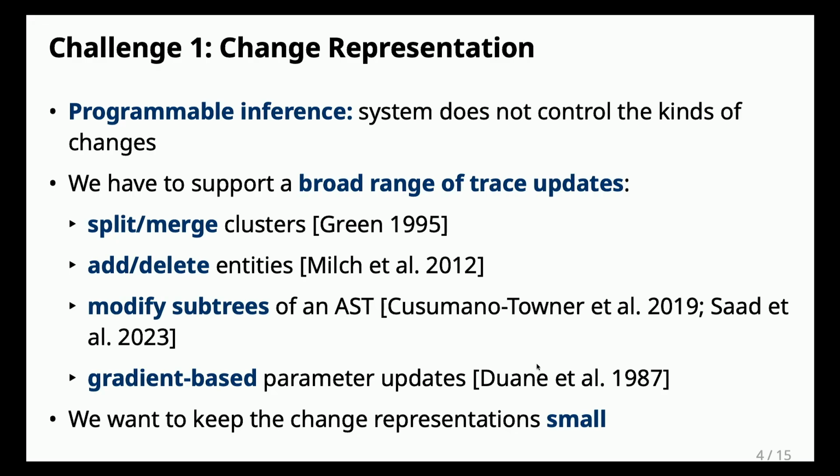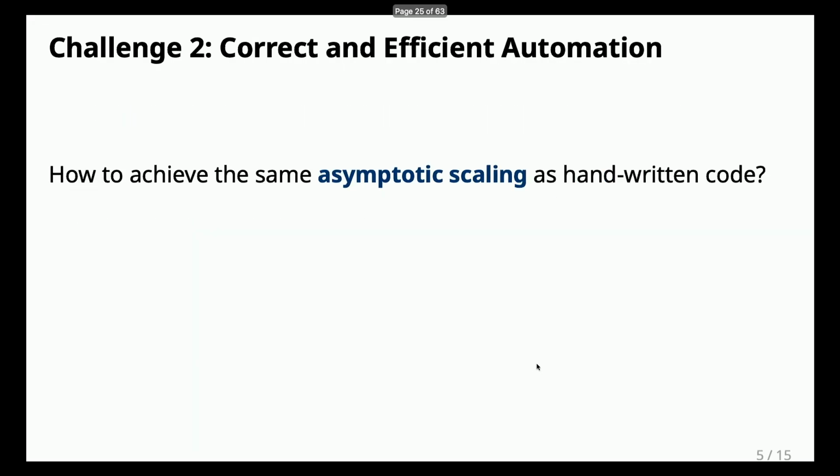Just to give an example of what could go wrong in many existing systems, if you delete an object in an open universe model, this leads to all kinds of indices being shifted around. And that blows up the change representation. We want to avoid that. The second challenge is how to actually automate this in an efficient and correct way.